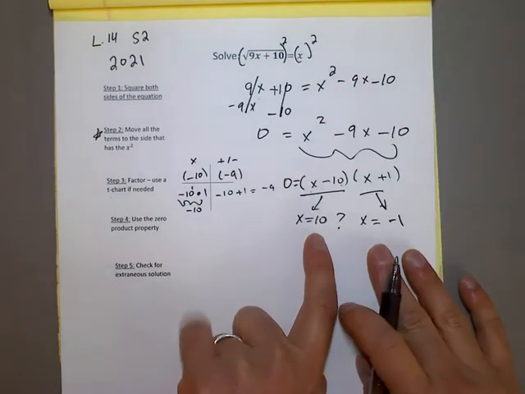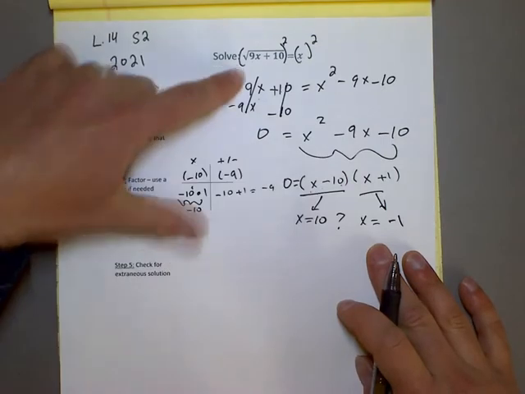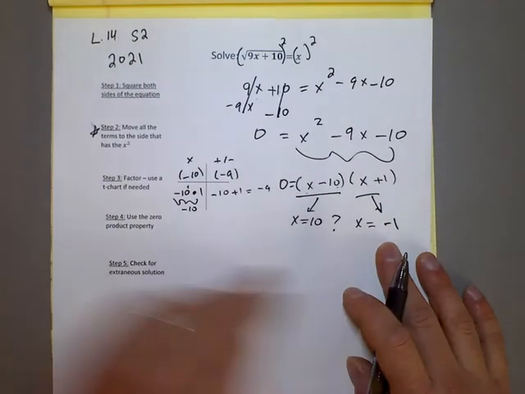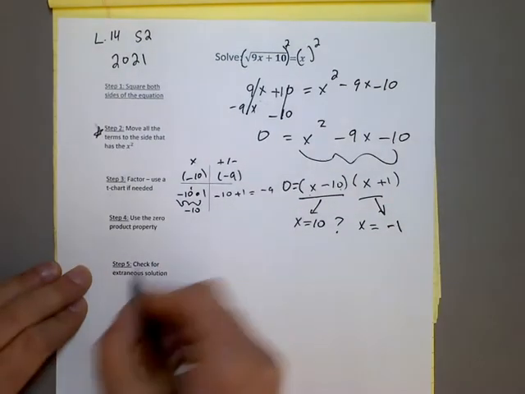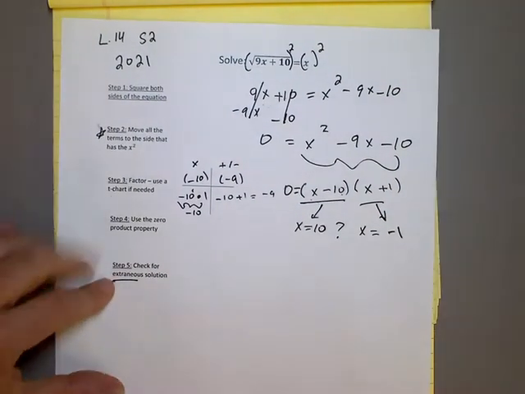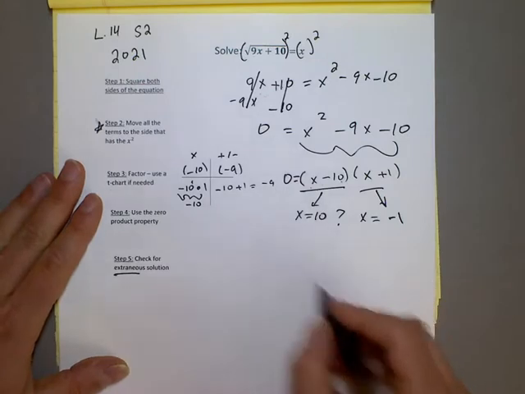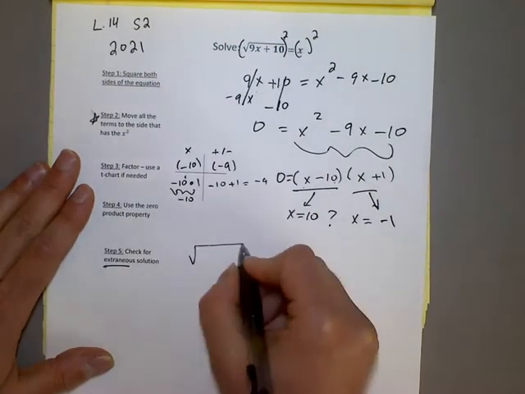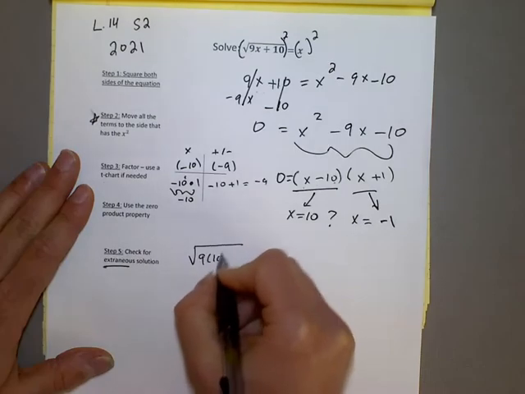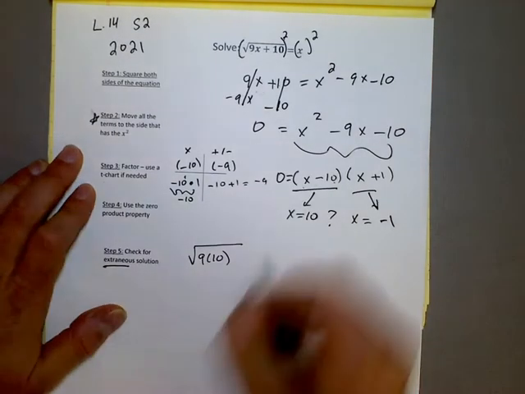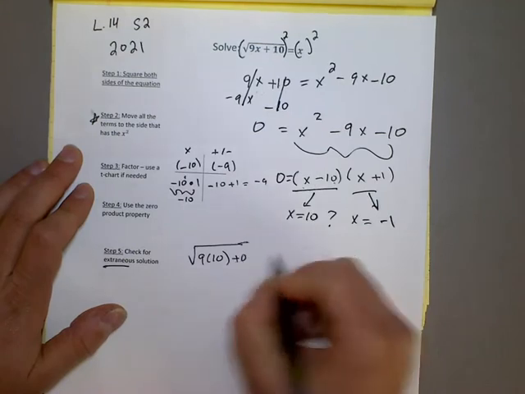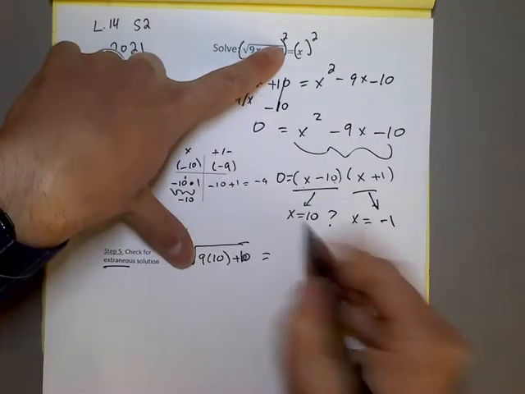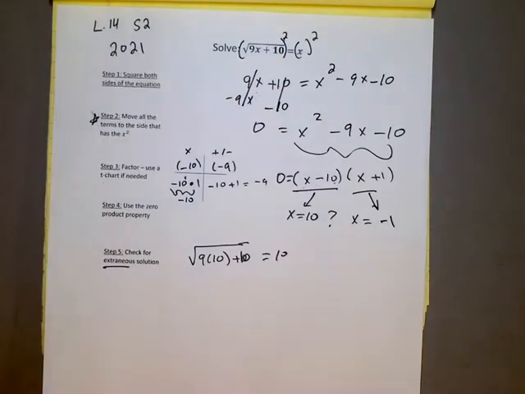But as is often the case with radical equations, sometimes an answer comes up as a solution but doesn't make the statement true, which is why we have to check for these extraneous solutions. Let's start with the 10, and we'll plug it back in. We'll go square root of 9 times 10 plus 10, and it's equal to x, so again the answer that we got.